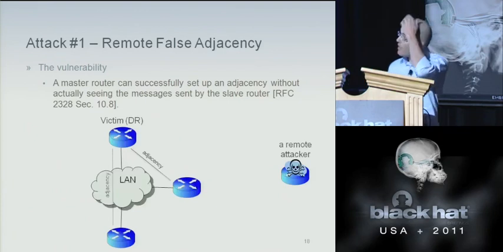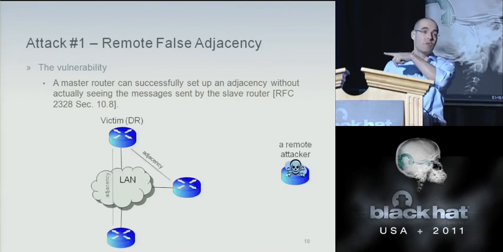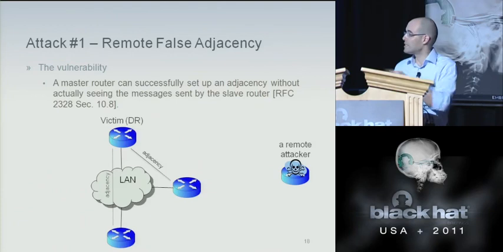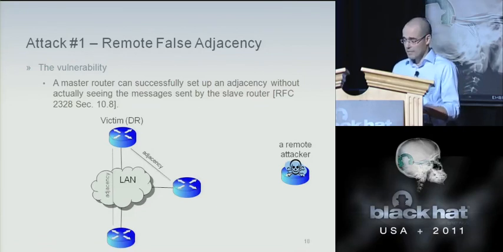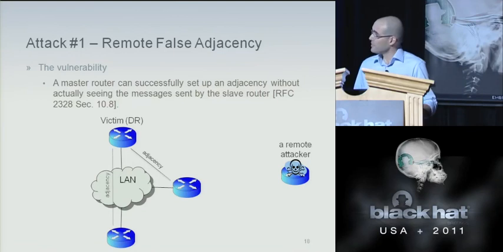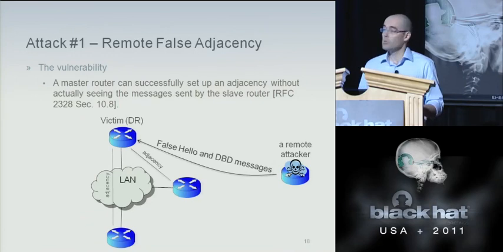So let's say we have the victim router, which is the designated router on its LAN. Let's say it has two neighbors it already set up an adjacency with. And now the remote attacker will send out false hello and database description messages directly to the victim router.